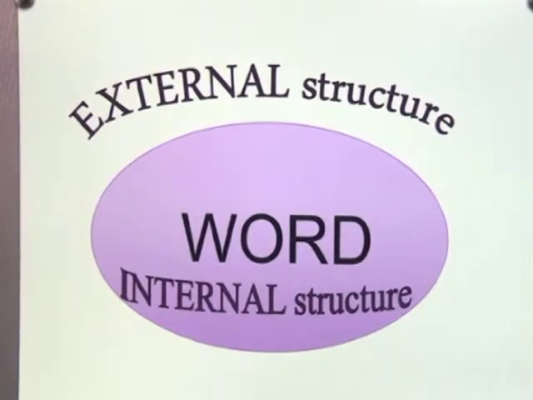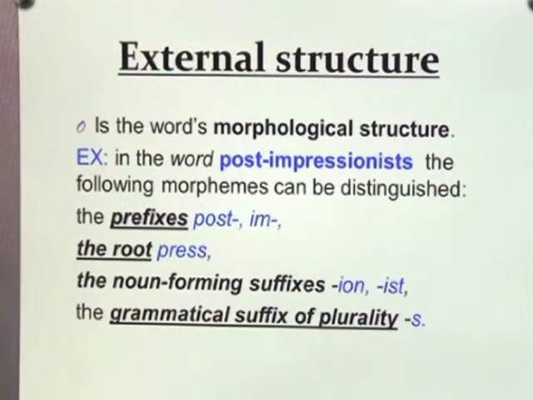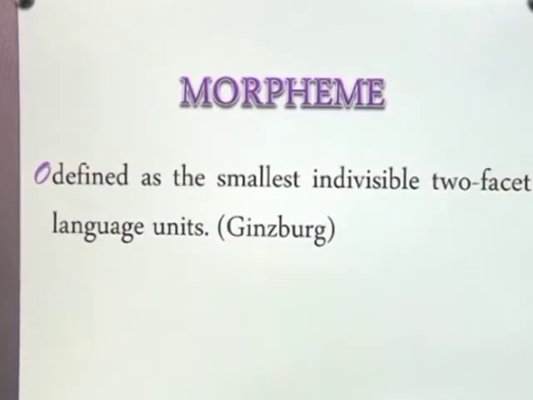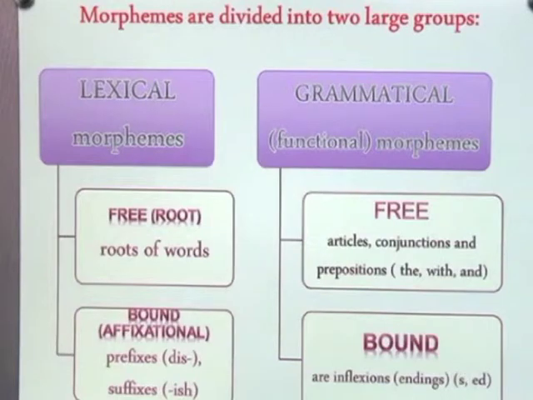Every word can be divided into smaller sense units, morphemes. They are defined as the smallest indivisible two-facet language units. Before turning to the various processes of making words, it would be useful to look at this diagram that summarizes the categorization of two large groups of morphemes: the first group lexical and the second grammatical.